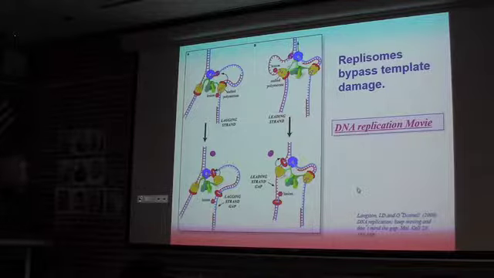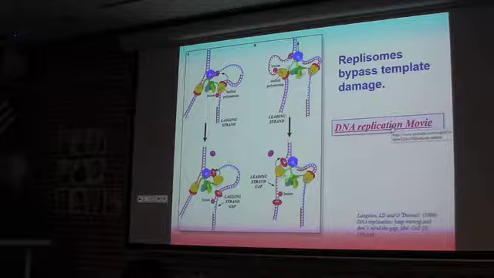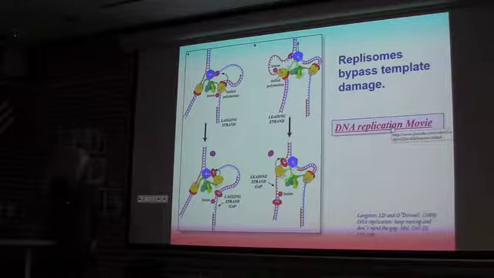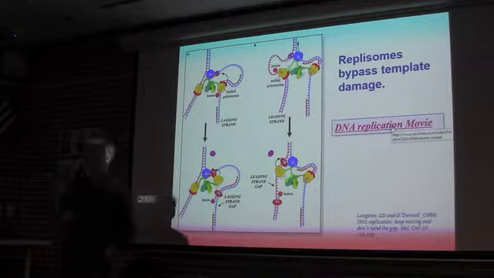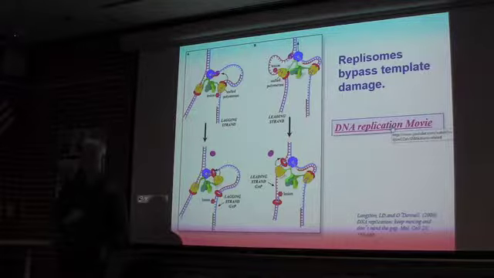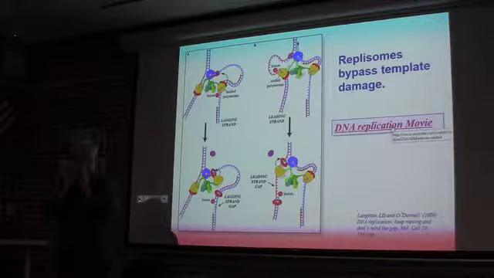But what we see right here is a movie that should change the way you think about life itself. This is to convince you that it's just impossible. You have molecules in the dark just doing their thing. That's all they know how to do. And they're making DNA with high fidelity at 880 base pairs every second.